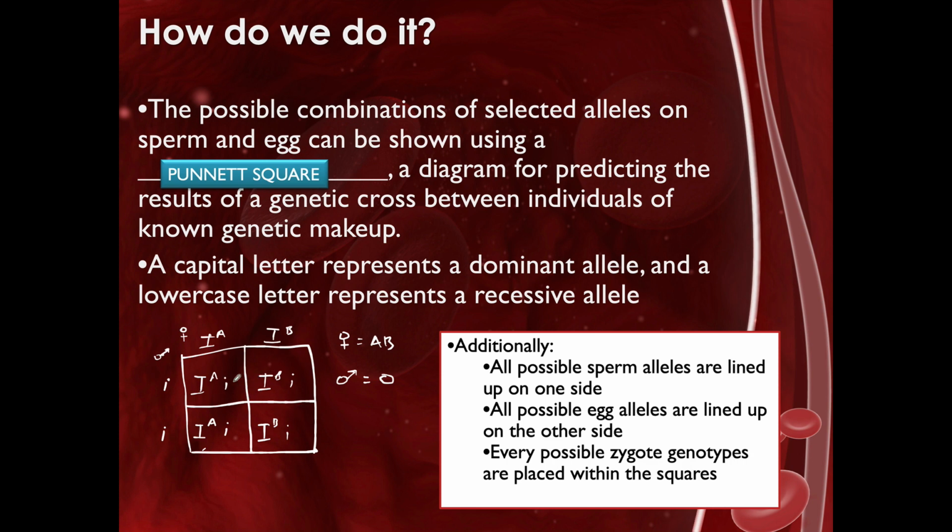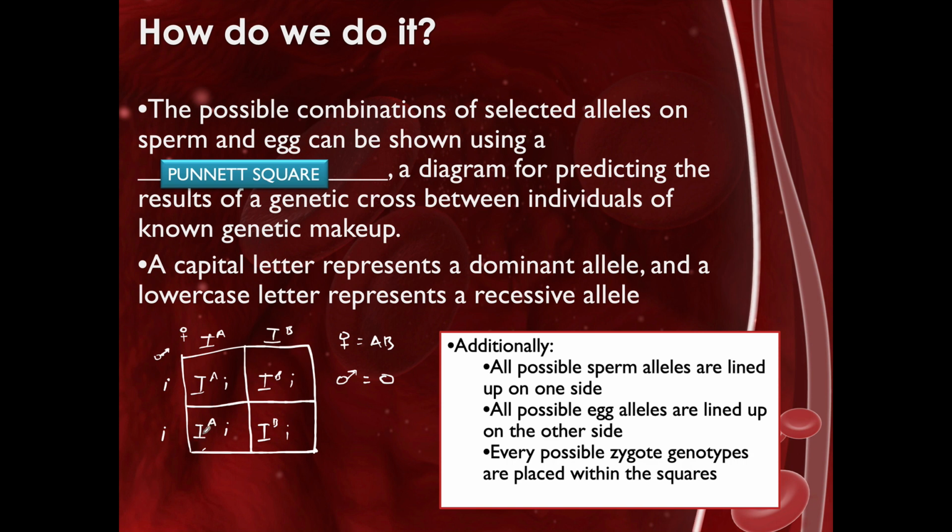If we look at the potential offspring for mom and dad here, notice that 2 of them are identical. I with a superscripted A, the allele for A blood, plus the allele for O blood, means that the dominant trait, the A allele, will match the recessive allele. So 2 out of the 4 are going to have A blood.